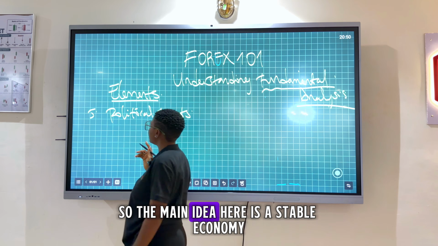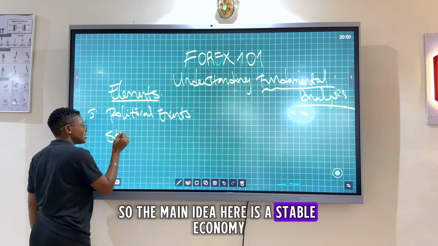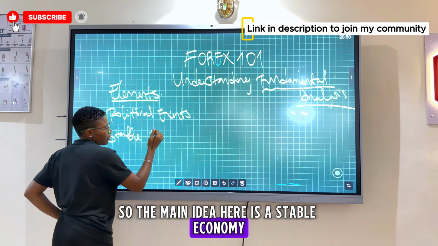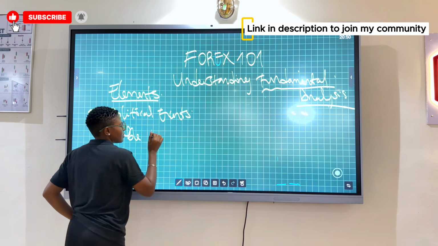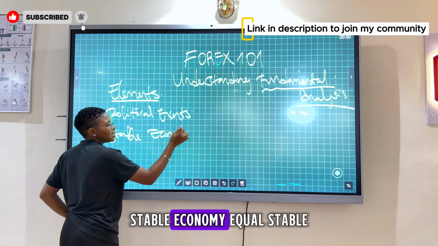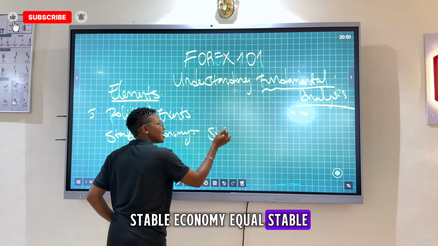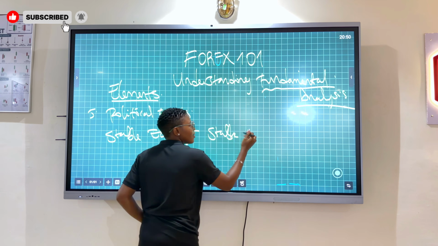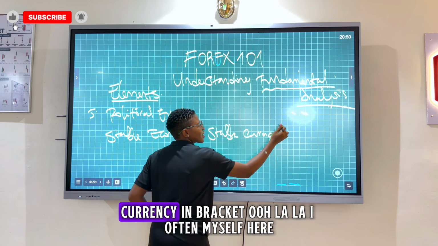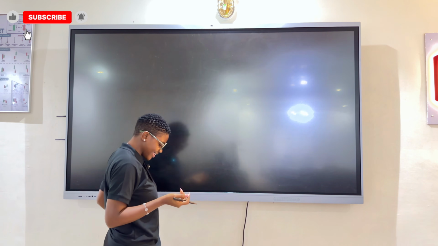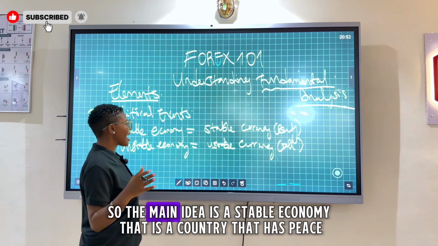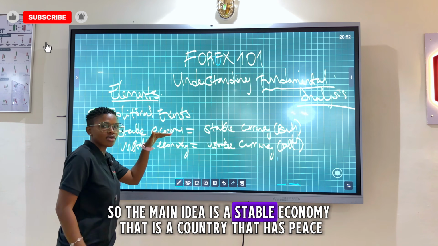So the main idea here is a stable economy. A stable economy equals a stable currency. The main idea is a stable economy.